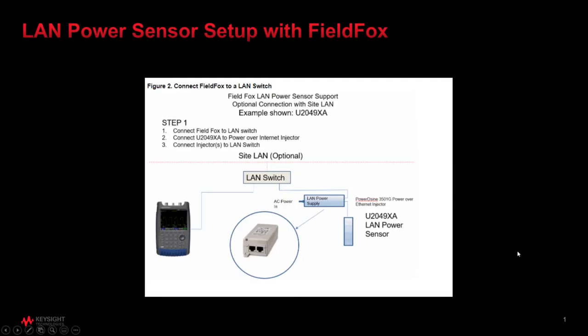Once you have this connected, the LED on the LAN power sensor should be lit up in green. If the lights are not on, you should check if you have your connection set up right, and whether your PoE is working.